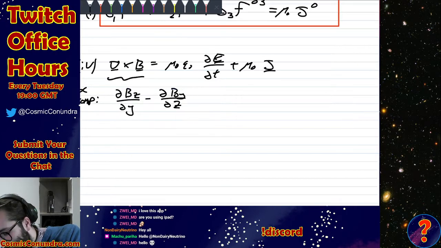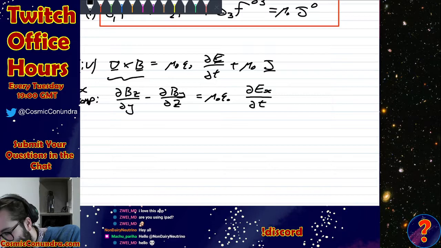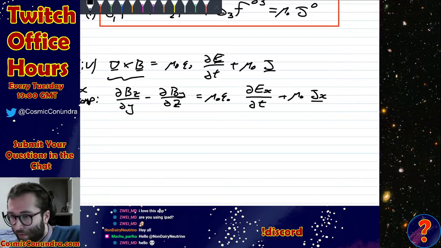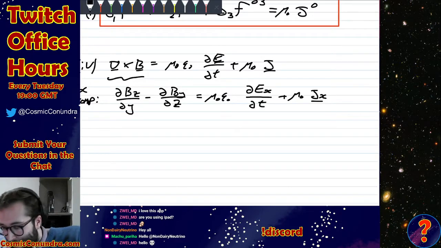So that is the x component of the left-hand side. Then the right-hand side is mu naught epsilon naught, the x component of E, d by dt, plus mu naught times the x component of the current density, the 3-vector current density.